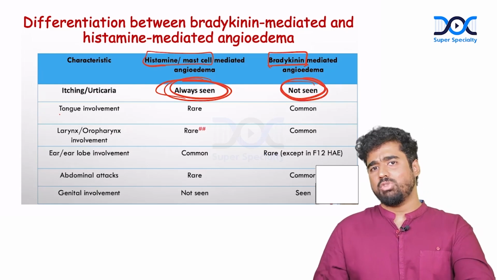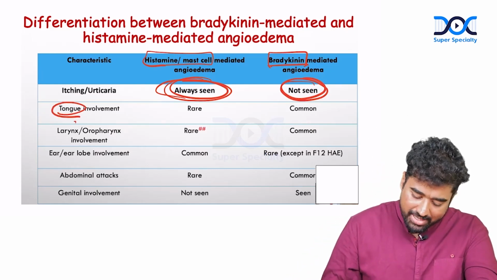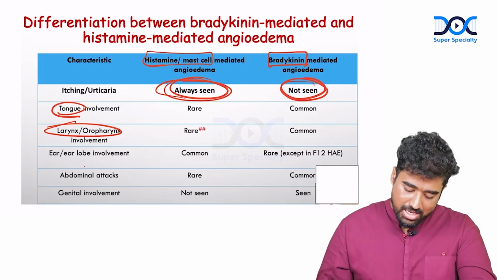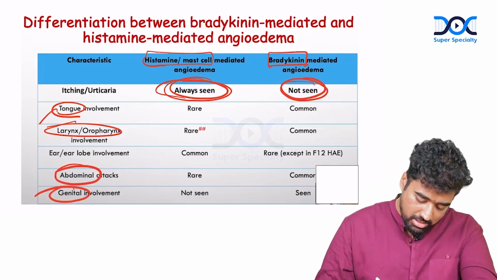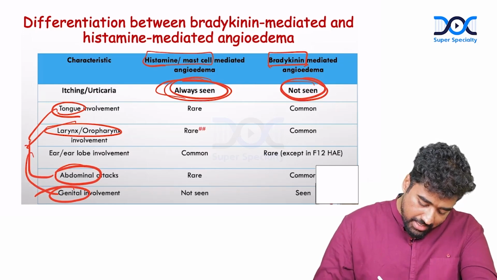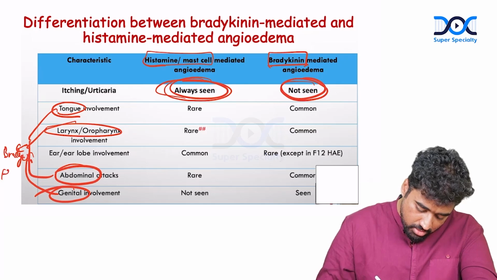Then the GI involvement, in the sense of your oral tract, be it your tongue itself or your larynx, oropharynx, all of this, along with abdominal and genital involvement, is more seen in bradykinin mediated or hereditary angioedema.